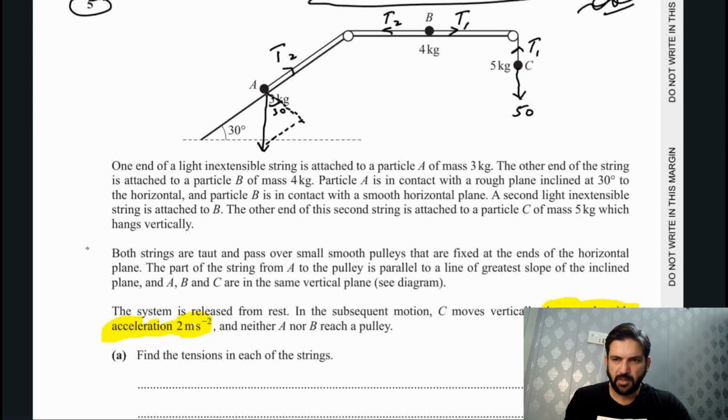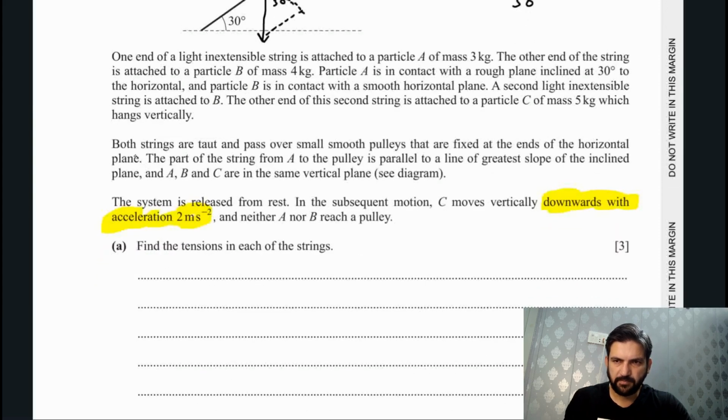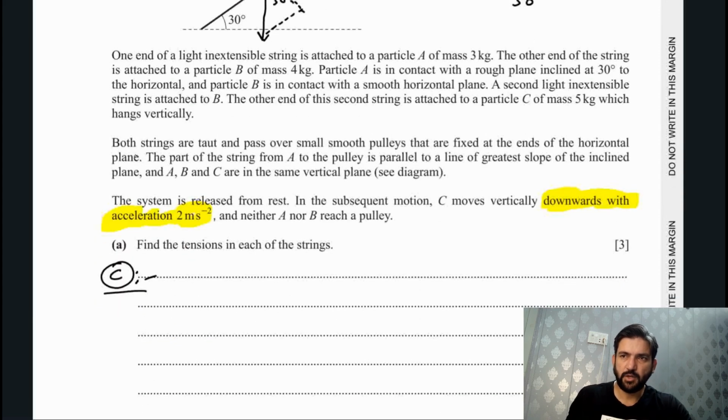So let's start from particle C. For particle C, we need to use the sum of the vertical components. The summation of fy equals ma. We need to apply it.